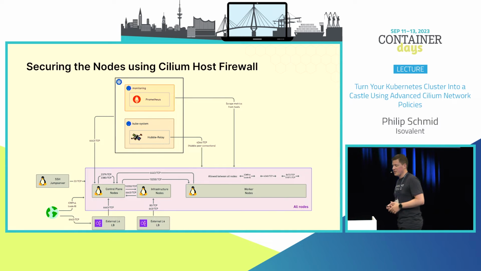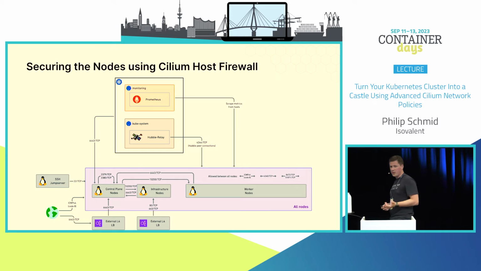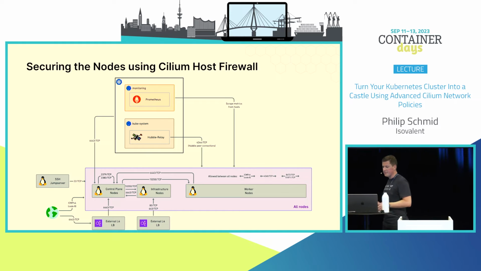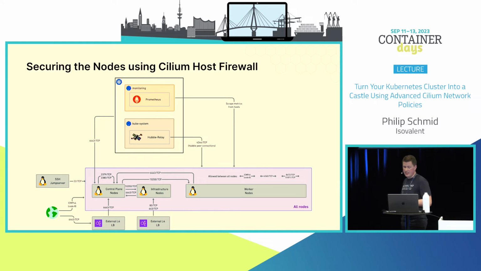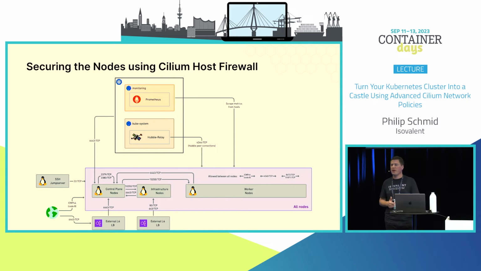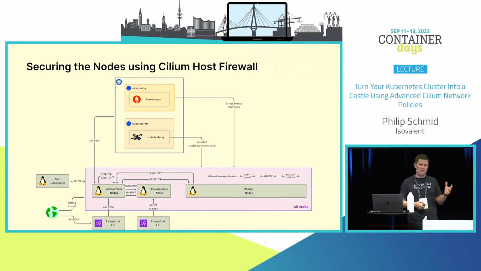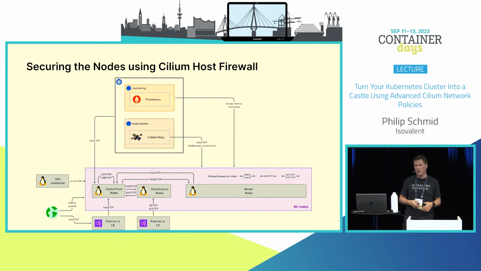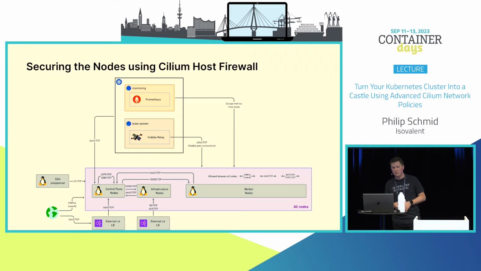That's required, for example, for pod log or container log streaming. And we have other connections, such as the SSH connection from our SSH jump server to all of the nodes. Then we have some connections, for example ICMPv4, which is pretty useful for troubleshooting sometimes.